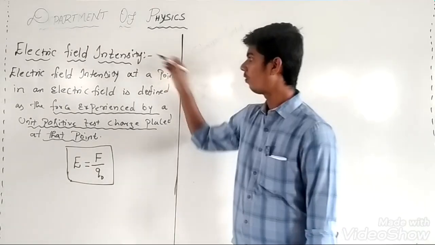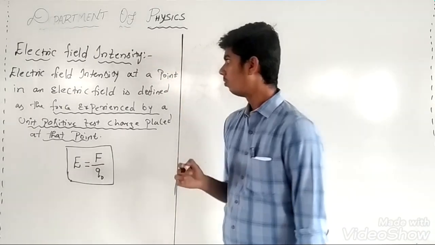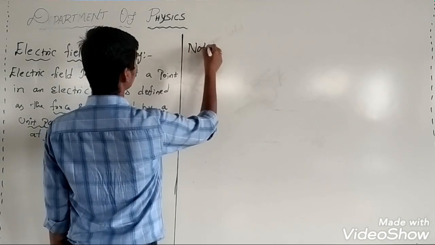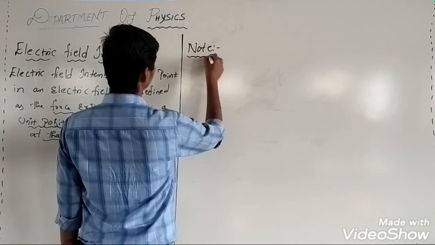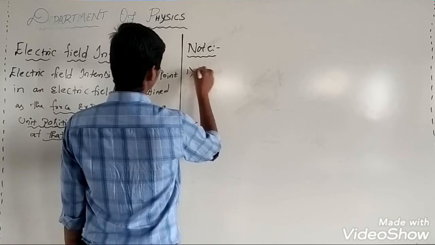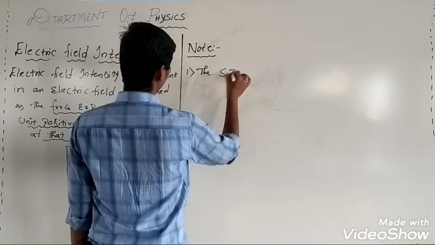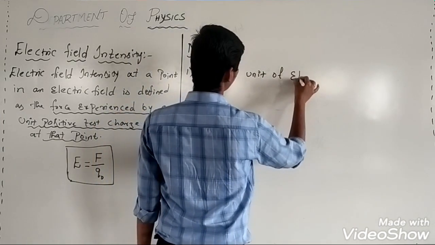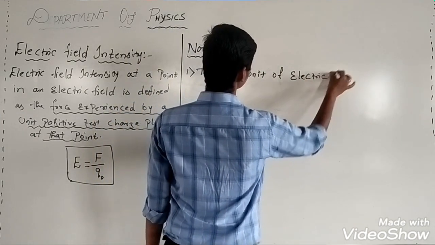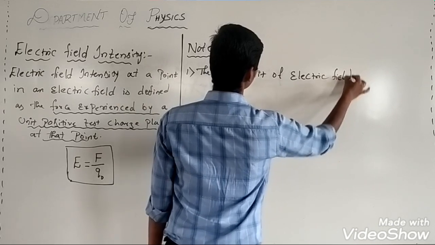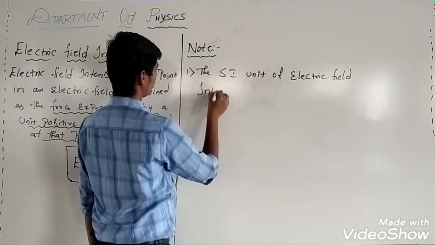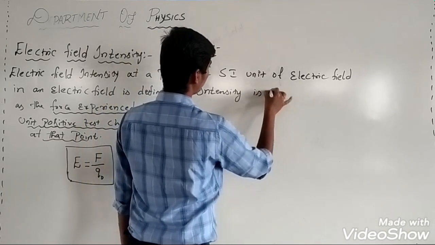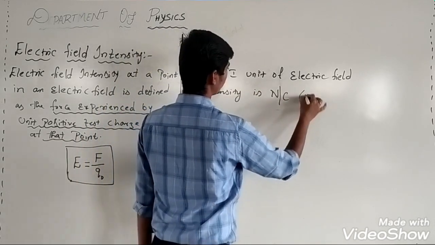With this idea of electric field intensity, we will try to write a small note on electric field intensity. See, the SI unit of electric field intensity is Newton per coulomb.